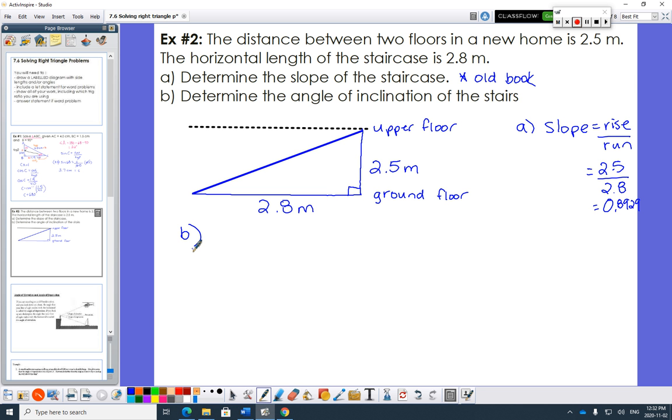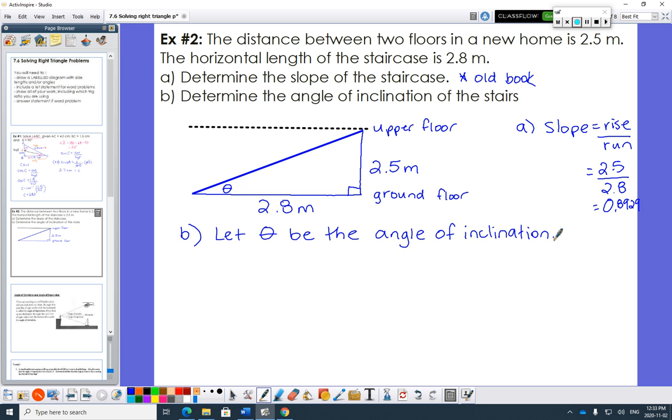So now again, you have some choice, okay? So B says, determine the angle of inclination of the stairs. So we have the floors, we have the distance between them. Where would the stairs be? They would be here, right? These are the stairs. So decide what you want to do and then write a let statement. So you could call this theta and then say, let theta be the angle of inclination.